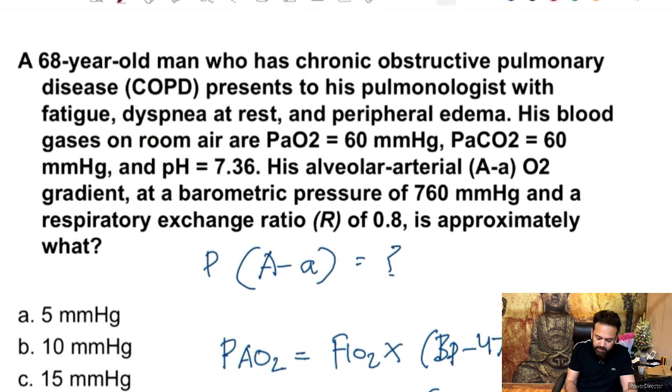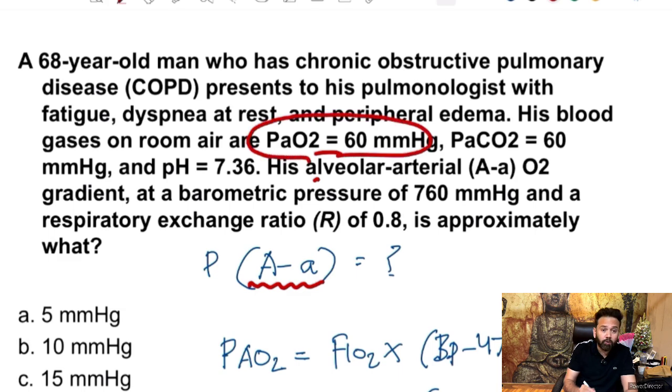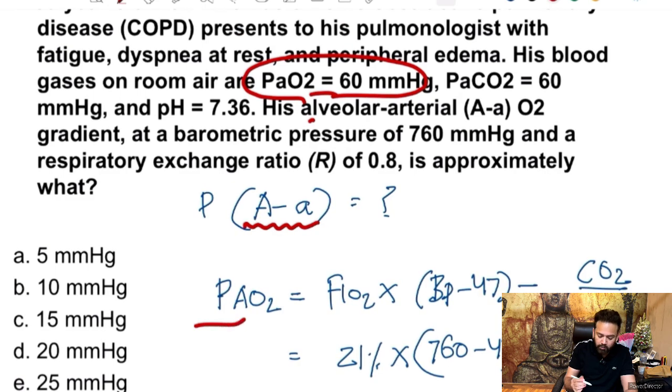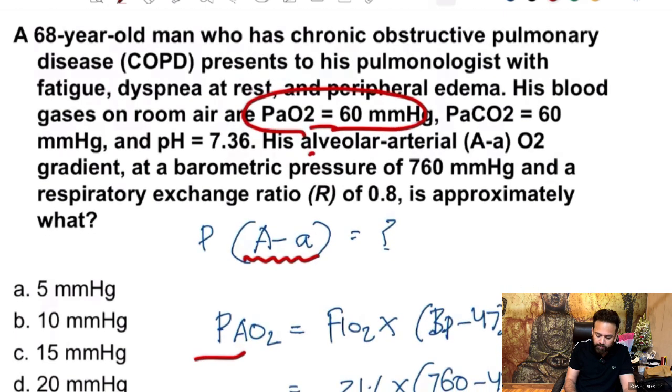Now again, a 68-year-old male and these findings are given. His alveolar arterial oxygen gradient, they are asking what? Alveolar arterial oxygen gradient. Arterial they have already given. You have to calculate what? The alveolar value. Again same question, PAO2 equal to FiO2 into barometric pressure minus water vapor minus CO2 upon RQ.